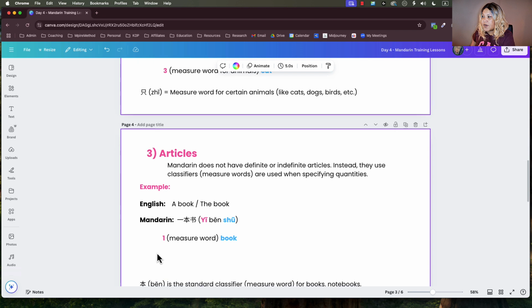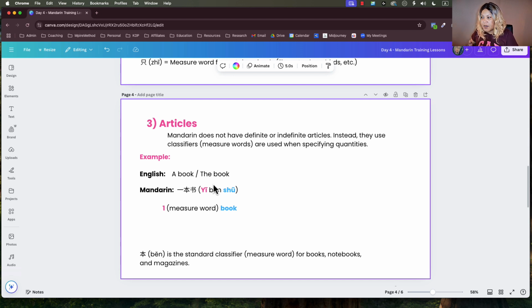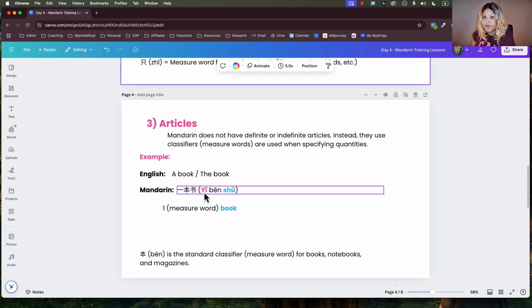Now, the third way it is different is by articles. Mandarin does not have definite or indefinite articles. Instead, they use classifiers, which are measure words. They use measure words, and they're used when specifying quantities. So instead of saying a book or the book, because we're only talking about one book, we're putting the number first.